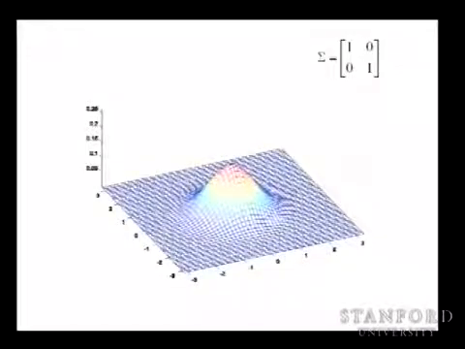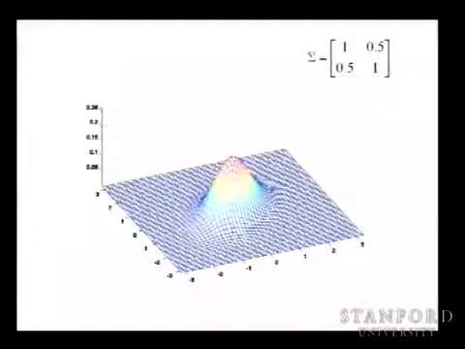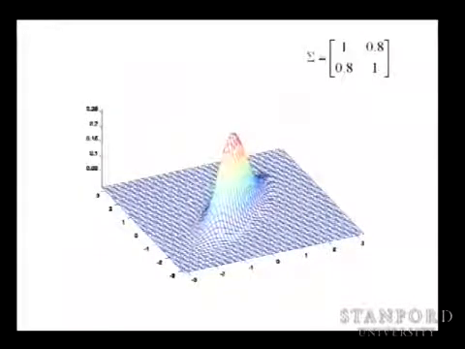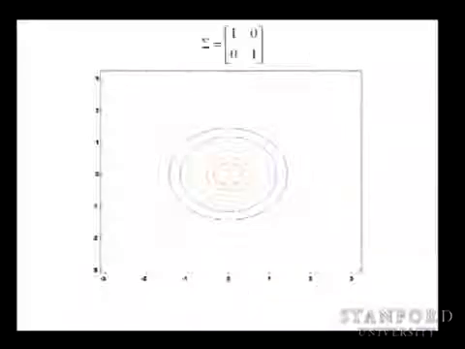There's back to the standard normal, identity covariance. If I increase the off-diagonals of the covariance matrix, making the variables correlated, then the Gaussian becomes flattened out in this x equals y direction. If I increase it even further, then my two variables, z1 and z2, on the horizontal axes become even more correlated. To show the same thing in contours, the standard normal distribution has contours that are actually circles.